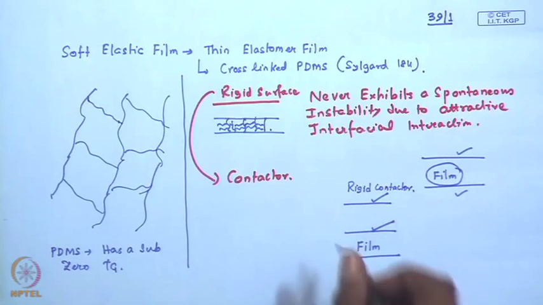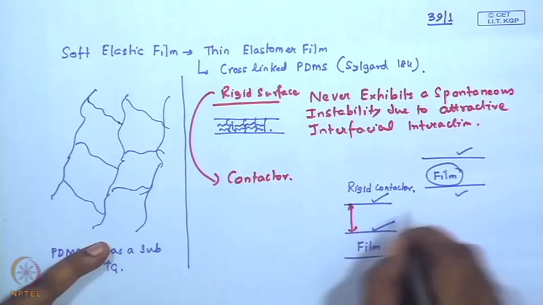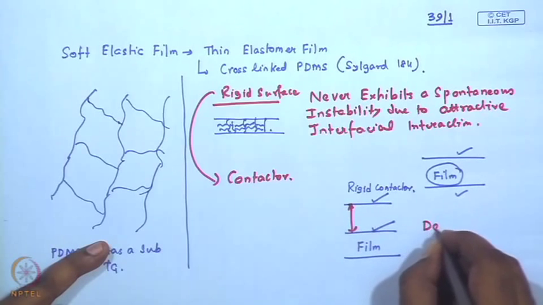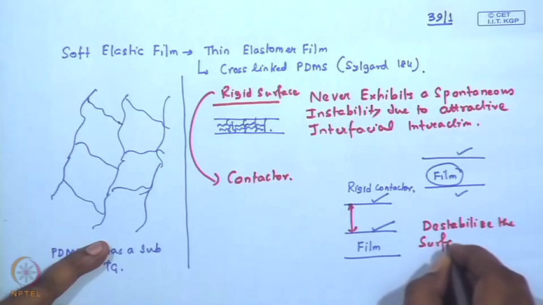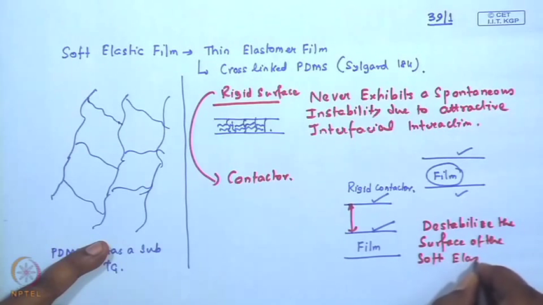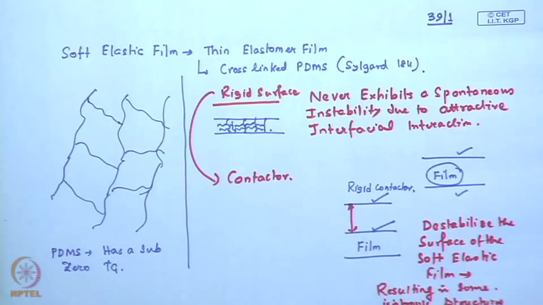When the separation distance is below a critical value, the attractive interaction between these two destabilizes the surface of this soft elastic film, resulting in some isotropic structures.